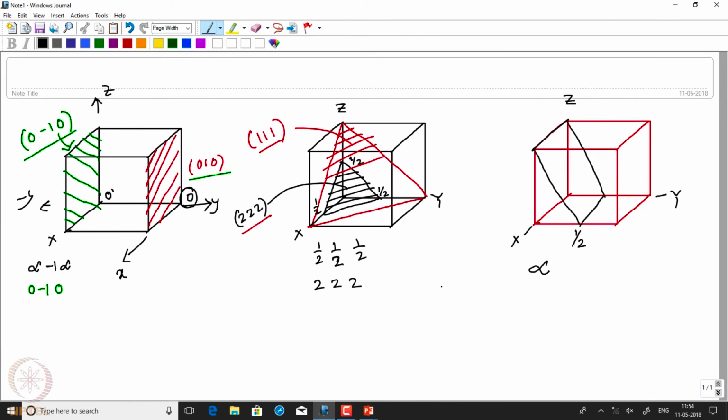Along y, it has intercept half. Along z, it meets z at 1 unit away from the origin, so z is 1. So now take reciprocal, so it becomes 0, 2, 1, which means the Miller indices for that would be 0, 2, 1.